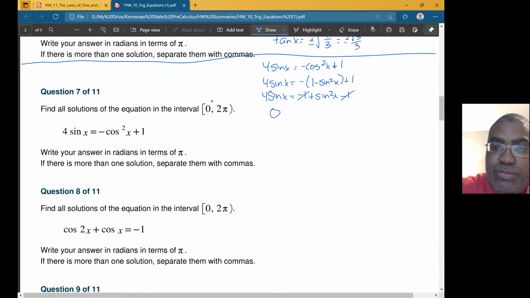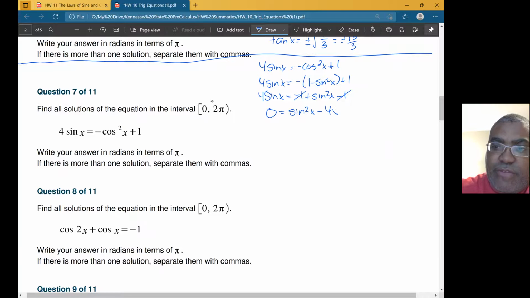So we end up with 0 being equal to sine squared x minus 4 sine x. I should definitely fix that. I have a kid that will fuss at me if I don't have that right. All right, and sine squared x is sine of x squared. So 0 is equal to sine of x times sine of x minus 4.